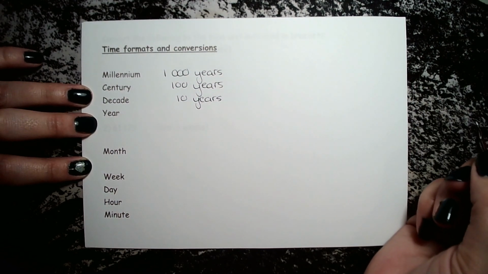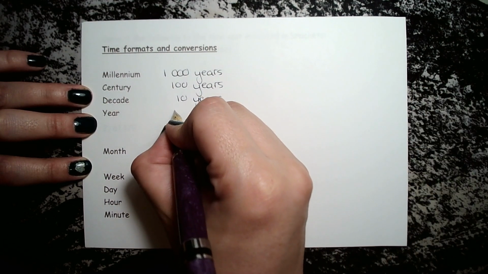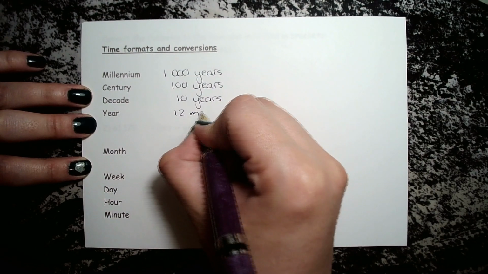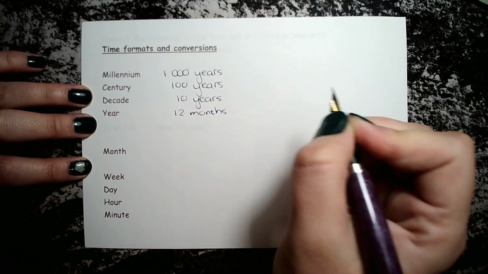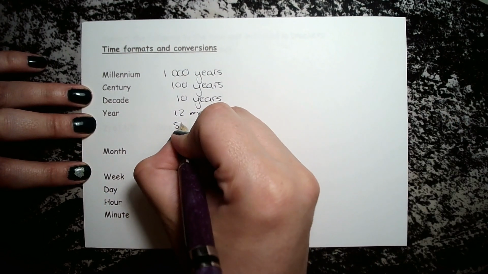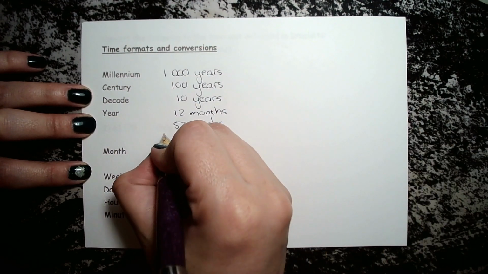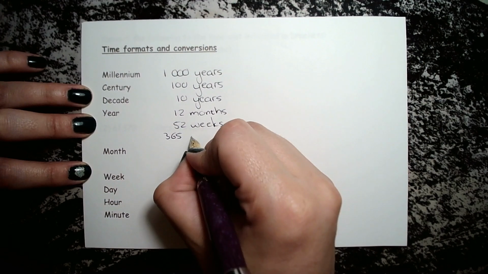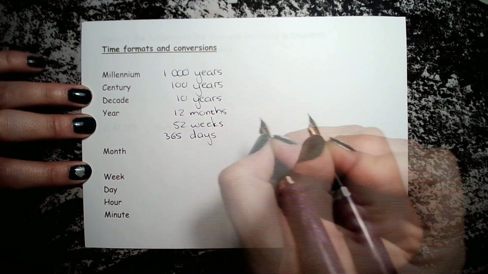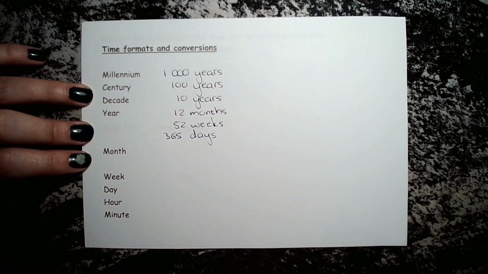1 year can be divided into 12 months, 52 weeks, or 365 days, except in a leap year in which it is 366.